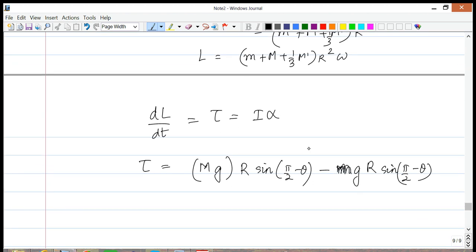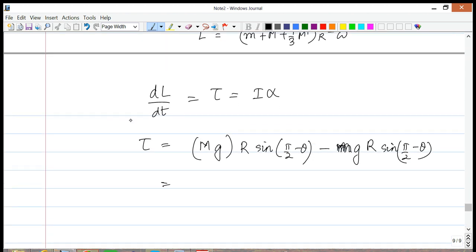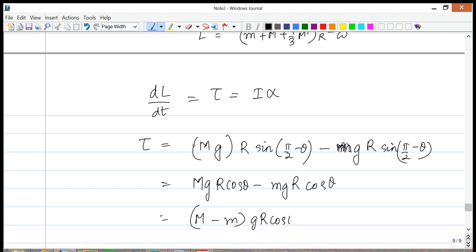Okay, it could be plus theta, but it will end up being the same thing, because what you get is capital M g r cosine of theta minus lowercase m g r times cosine of theta, which is equal to capital M minus lowercase m times g times r times cosine of theta.